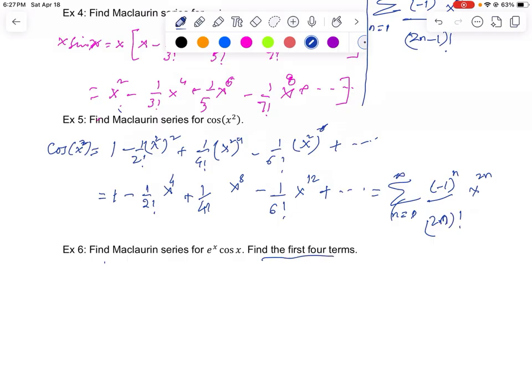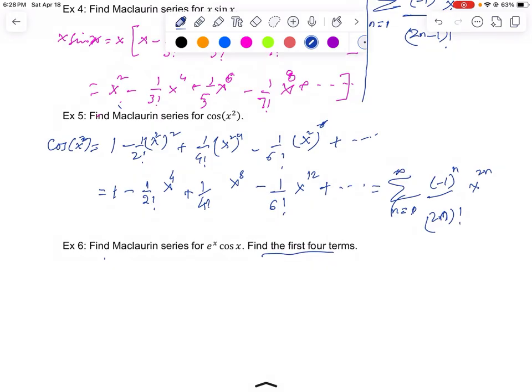Now note here, e to the x is 1 plus x plus x squared over 2 factorial plus x cubed over 3 factorial plus x to the 4 over 4 factorial plus x to the 5 over 5 factorial, and so on.